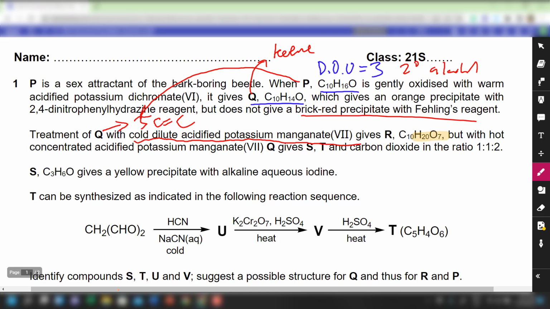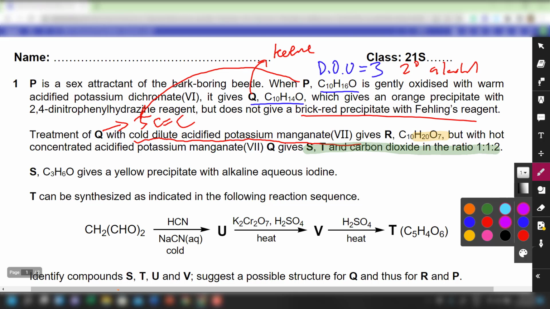With hot acidified KMnO4, Q gives S, T and carbon dioxide in a 1:1:2 ratio. This is not the first time you are seeing this 1:1:2 ratio. It tells you that Q contains a terminal alkene, not just 1 but 2 terminal C=C double bonds.